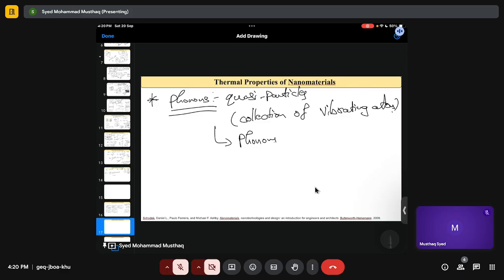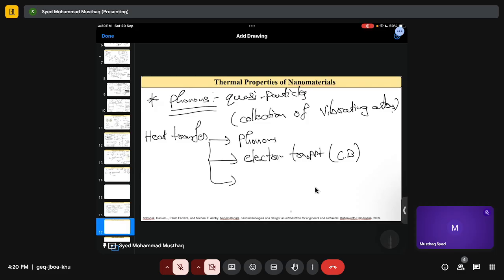Not phonons, it should be heat transfer. One is through phonons, second is through electron transport, through the conduction band. And the third is, again, whenever you have matter you will have atoms and electrons, and if you do not have matter then that will be radiation.